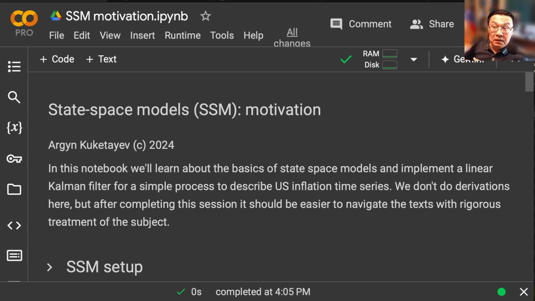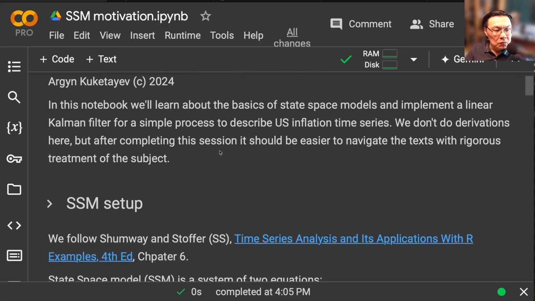But we will be following this text, for which I give you the links: Time Series Analysis and Its Applications by Shumway and Stoffer. There is a chapter dedicated to state space models. Again, it's a subject in itself, and it's impossible to cover the whole thing, but we will cover surprisingly a lot. You will see. Okay, so why don't we move on?